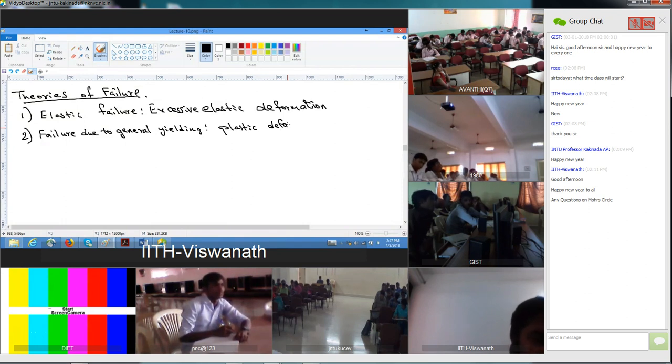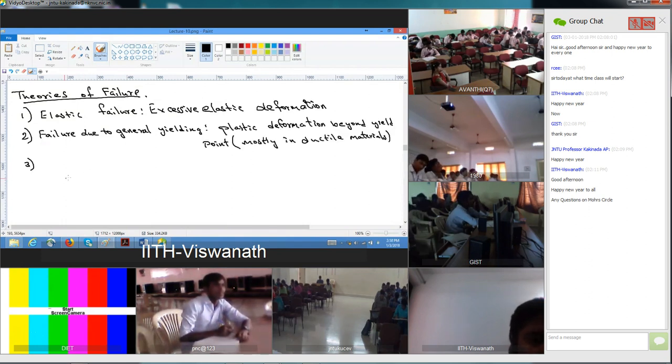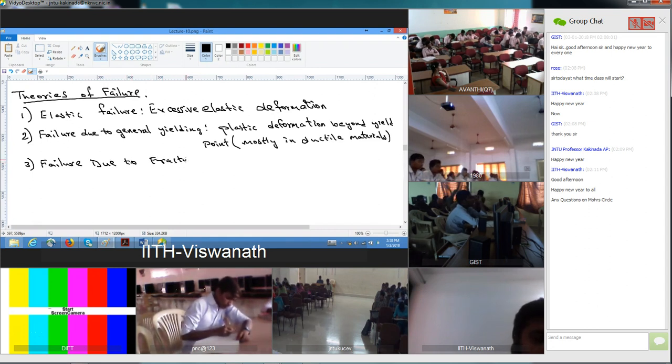The third type of failure is fracture. In this, the specimen breaks into two or more parts.